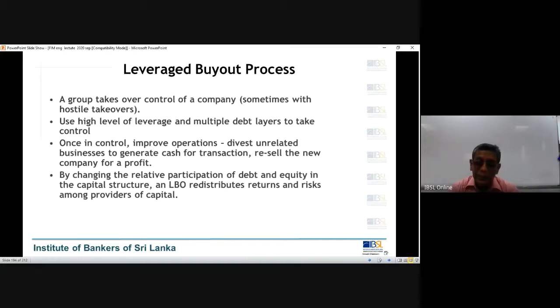We learned there are two types of acquisition. One is friendly acquisition, the other one is hostile acquisition, right? So what is the difference between these two? We will discuss it at the question and answer session. What is the difference between a friendly takeover and a hostile takeover?